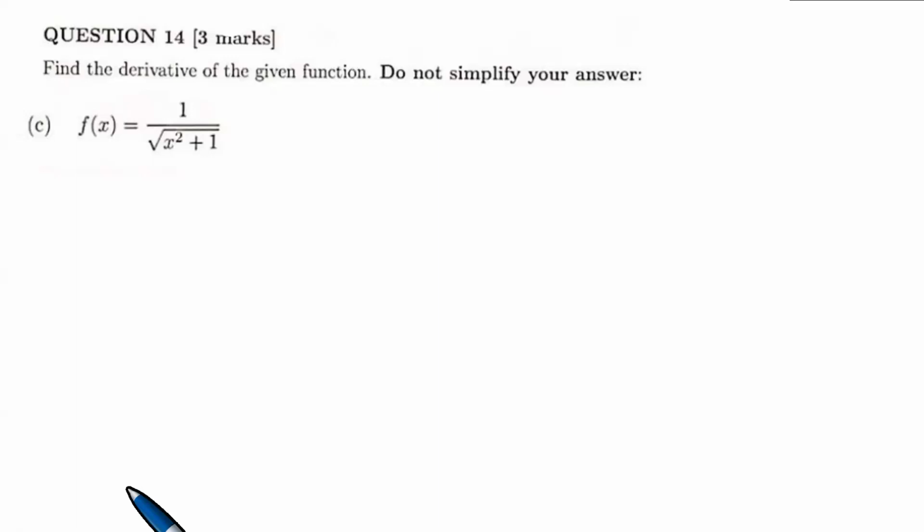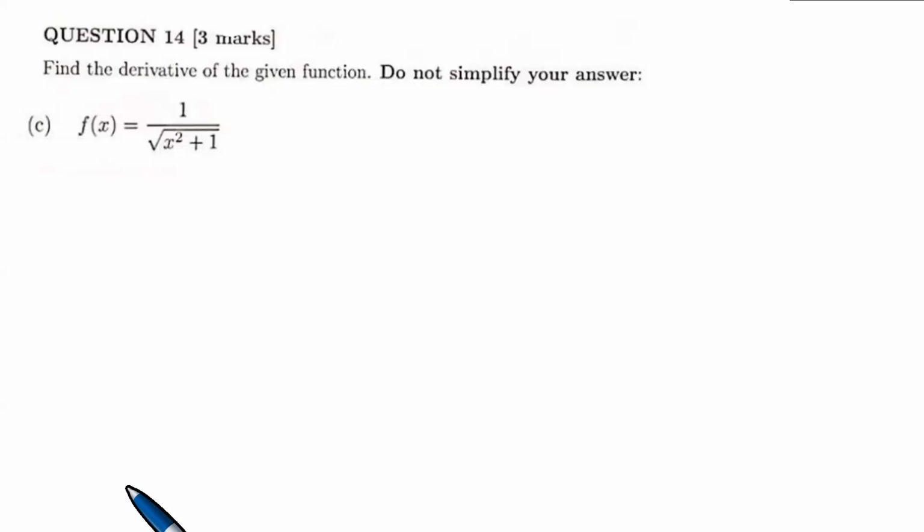I got the answer to be 2x10x. Okay, that's fine. Obviously, to do this particular problem, there are a couple of things we need to do.